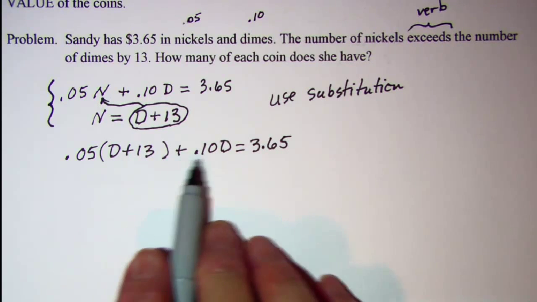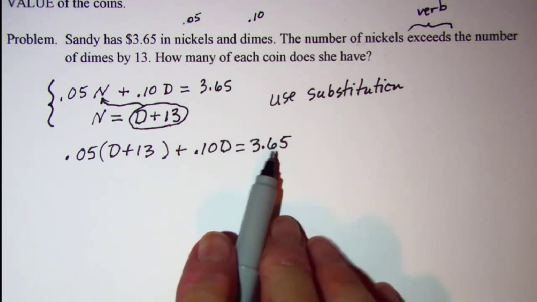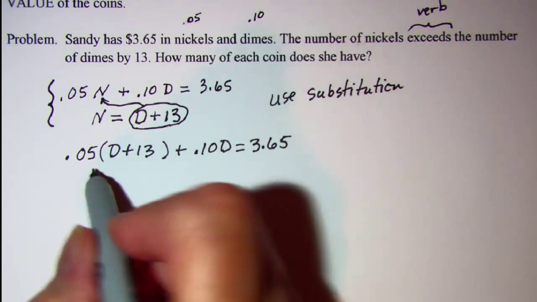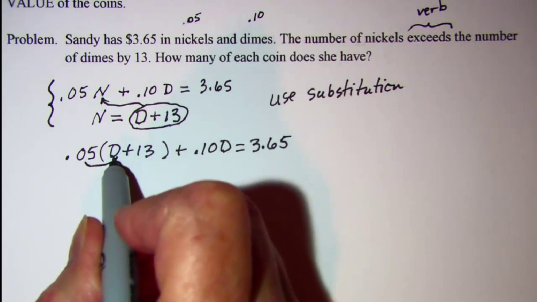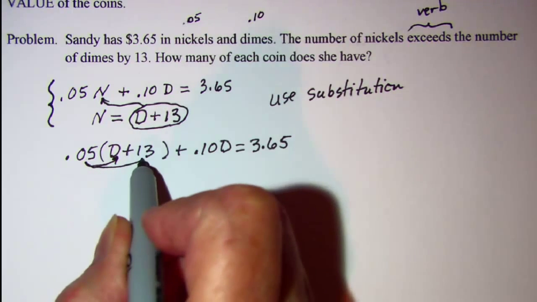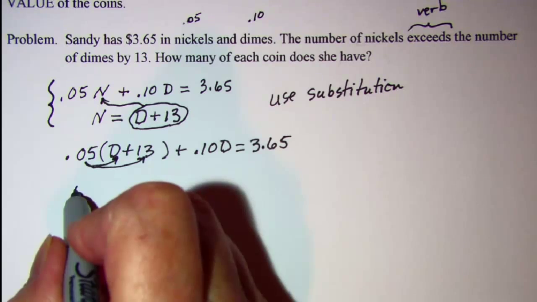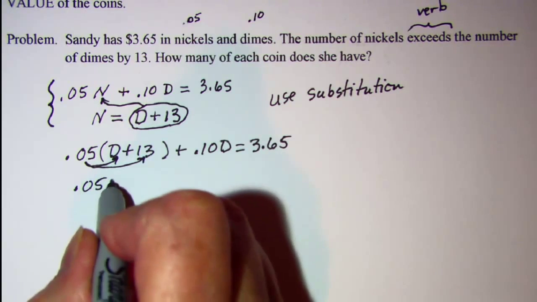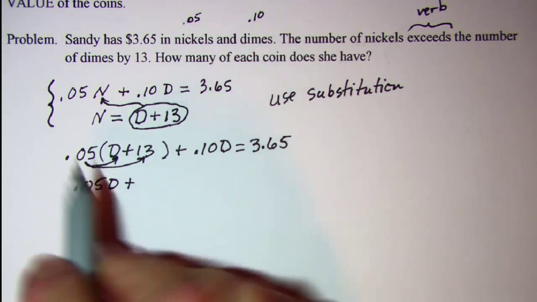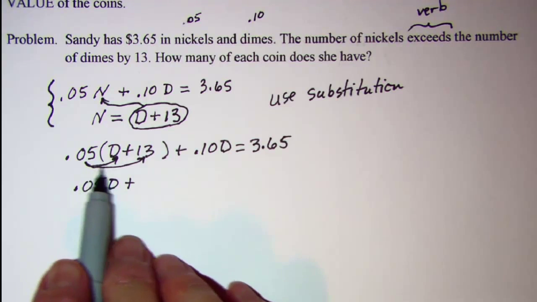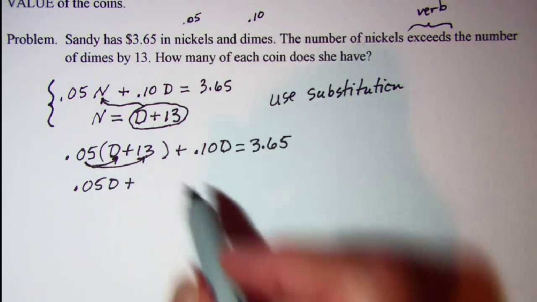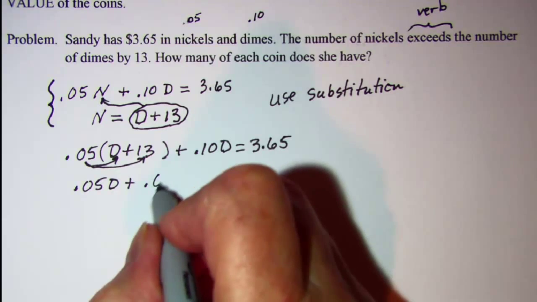Now my equation is all in d, so I can just work this out. Let's distribute the 0.05. So I have 0.05d plus, and then 0.05 times 13 is 0.65.